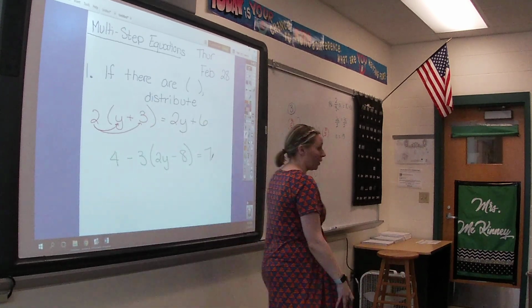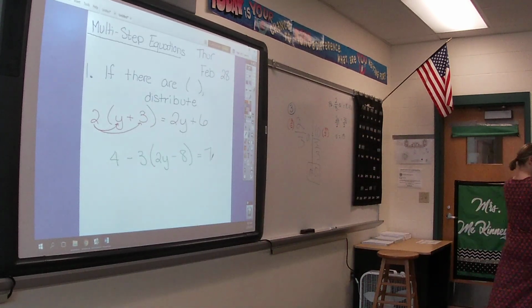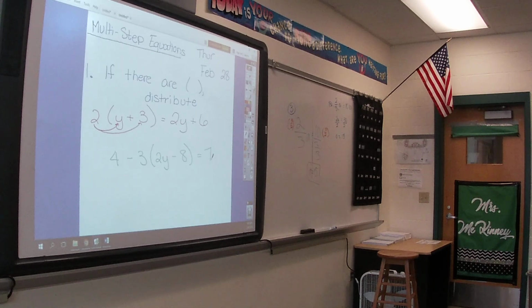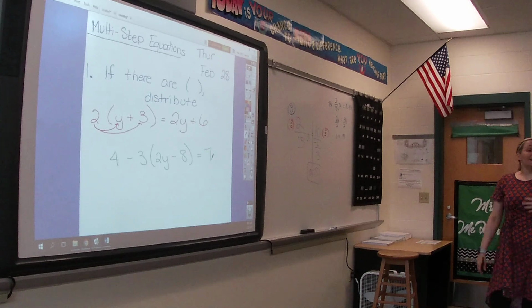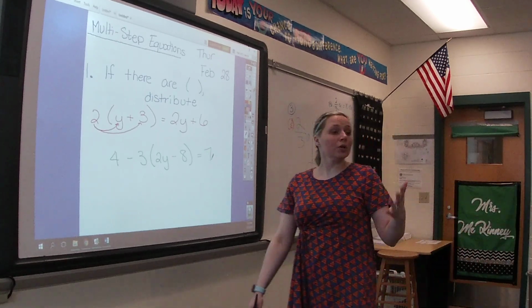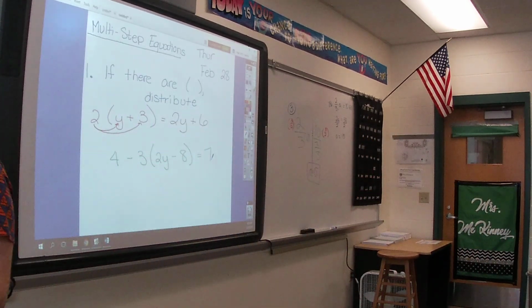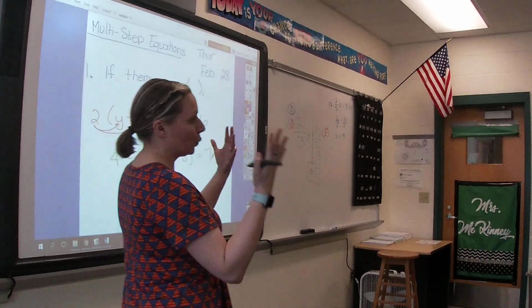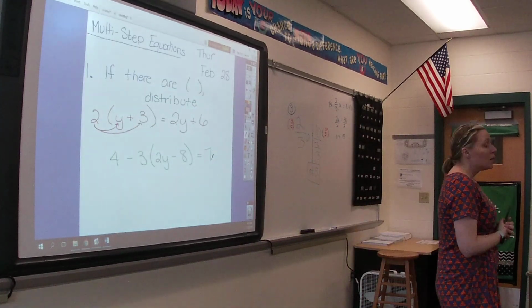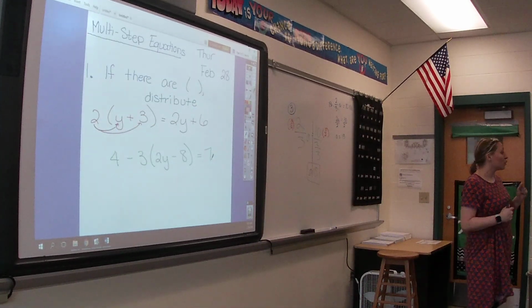Like maybe we're given this equation to solve. Right? I can easily ask my students, do you see parentheses? And my students say, yes. I say, okay, what do we do with parentheses? We distribute. But we need to make sure we're distributing the right number.